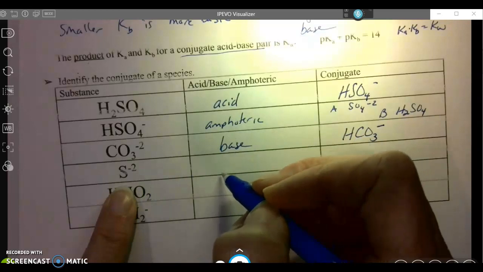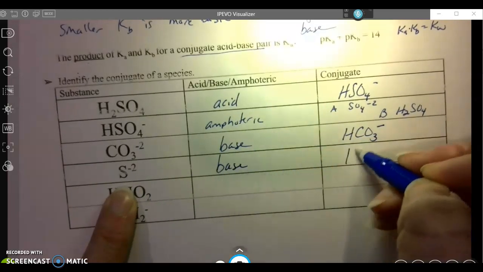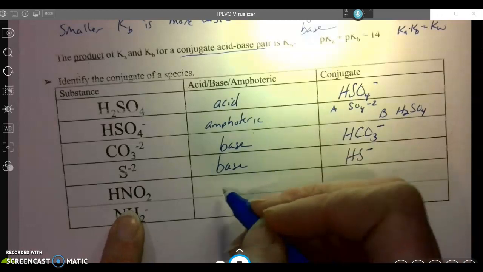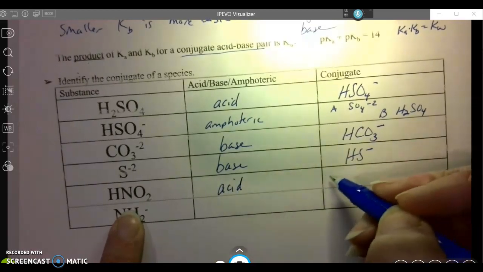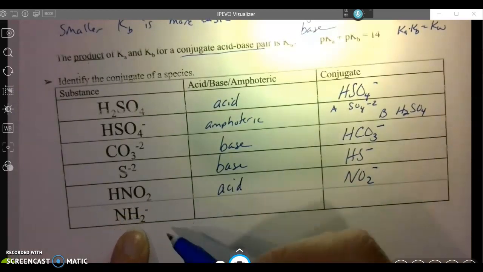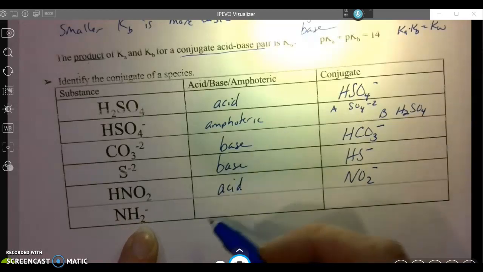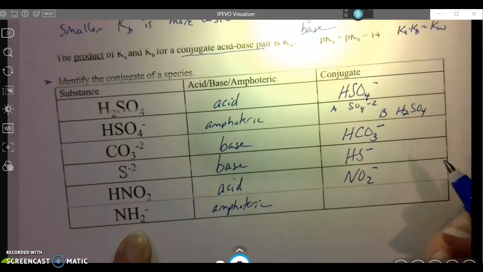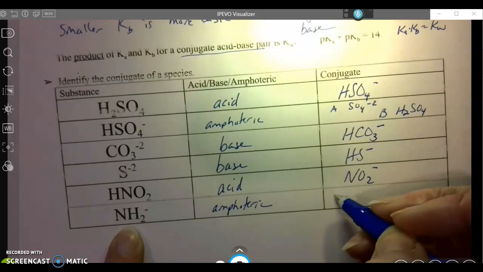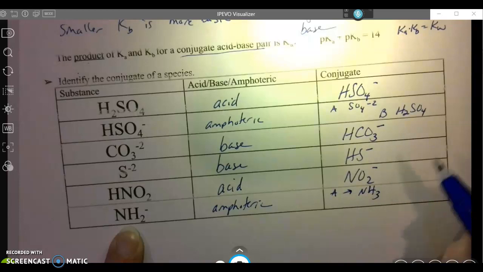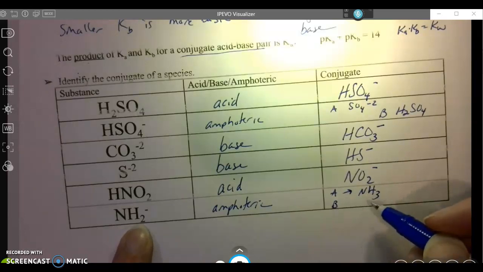S 2 minus is also a base. It's going to accept a hydrogen. Okay, HNO2 is going to be an acid. You should recognize that one as nitrous acid, and you're going to get the conjugate base NO2 minus. And then NH2 minus you'll see has a minus sign, so it can be either. It can accept a hydrogen to become NH3.